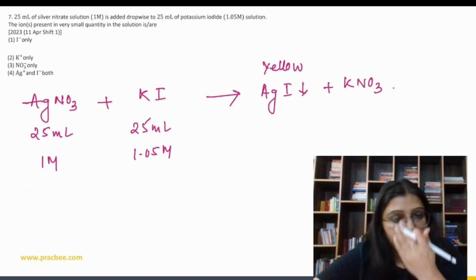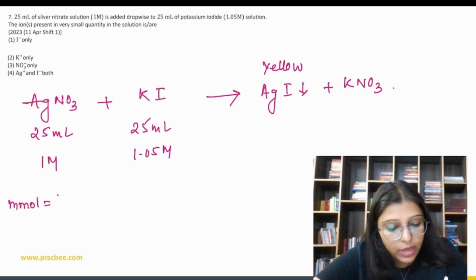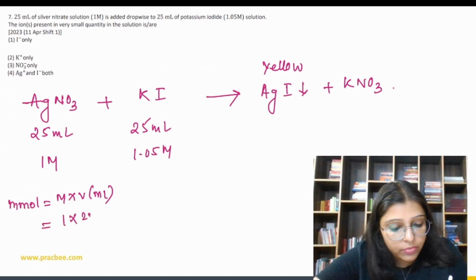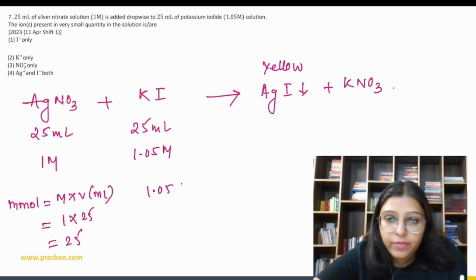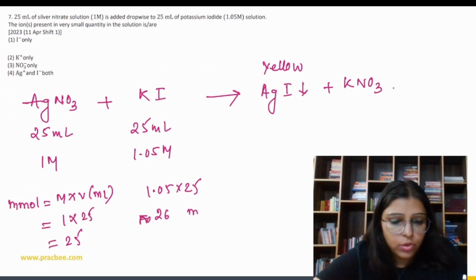So what happens? If we find out the millimoles over here, that is molarity into volume in ml, so 1 into 25 ml, which is 25 millimole, and here 1.05 into 25, which is around 26 millimole.